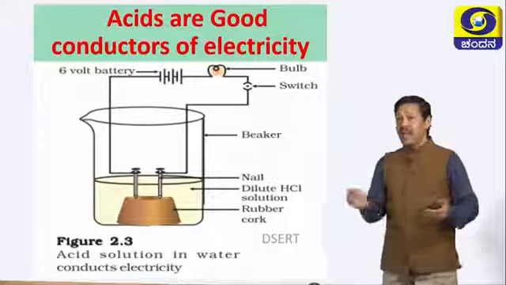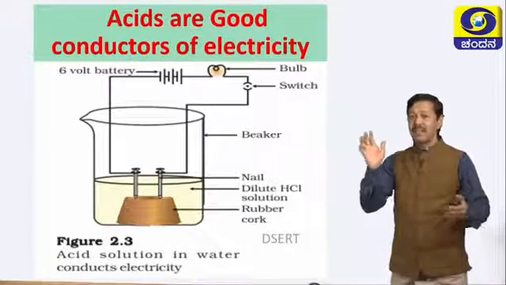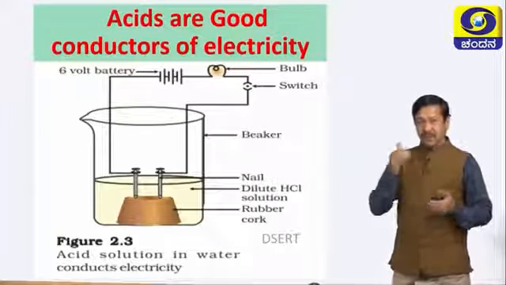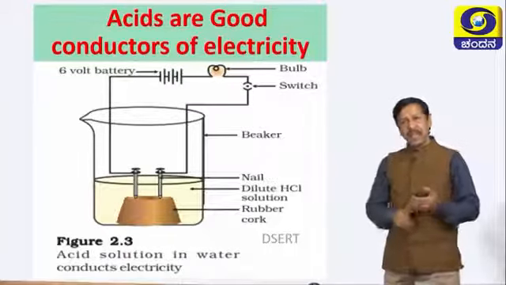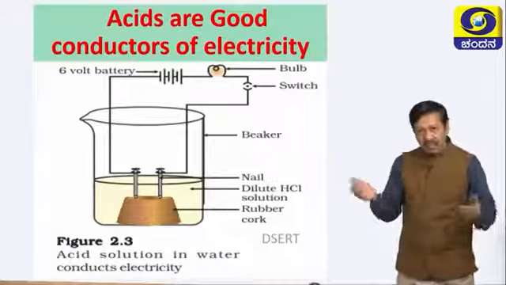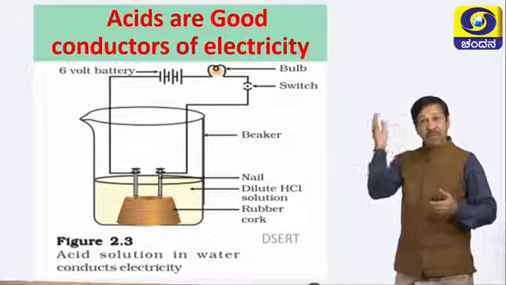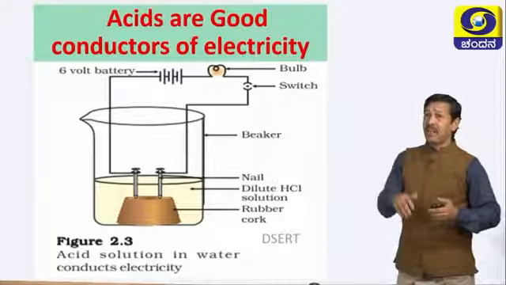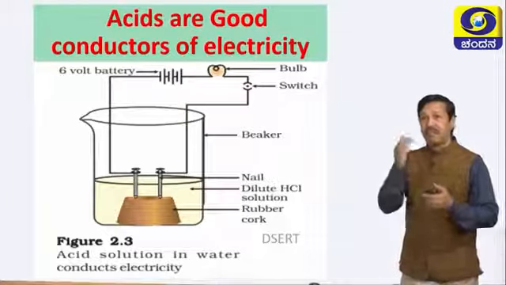That is, acid solutions in water conduct electricity. If I take HCl, what is the observation? If I replace HCl with acetic acid, what is the difference? You have to think and you have to answer. Depending on the concentration and strength, we are able to identify the difference.